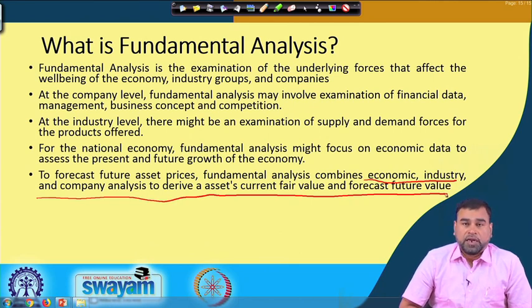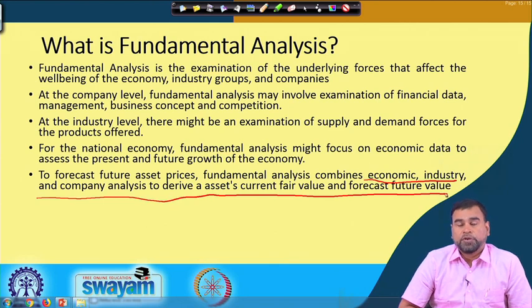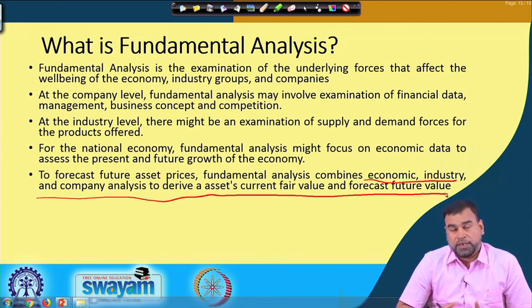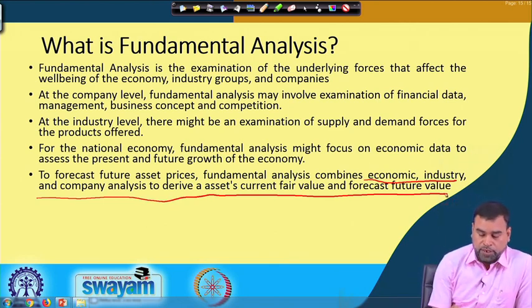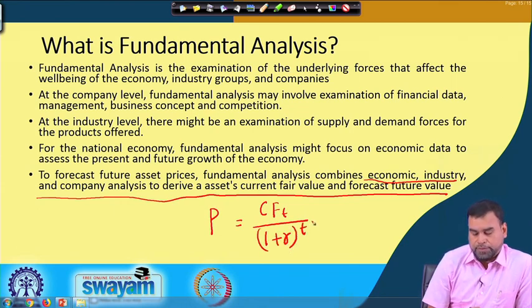Whenever we talk about the fundamental valuation of a particular company, if you go back to our previous discussion, you might remember the price of a particular asset is nothing but the discounted value of the future cash flows, discounted with respect to some discount rate.